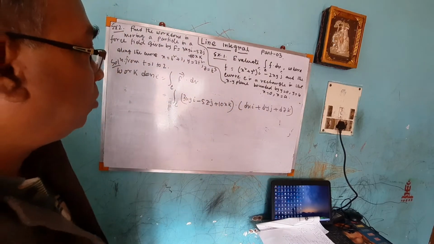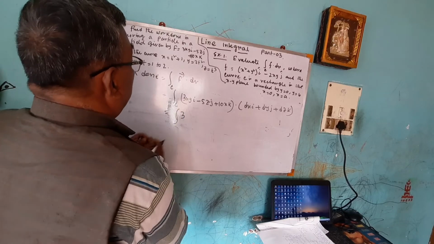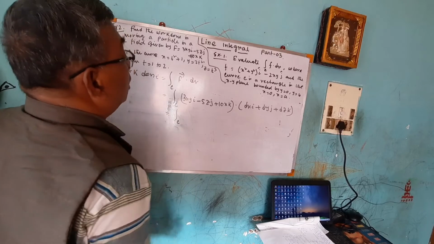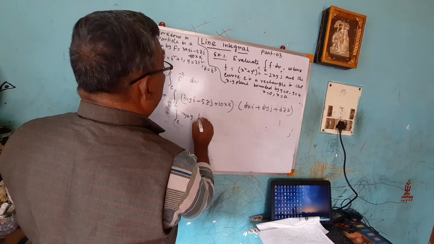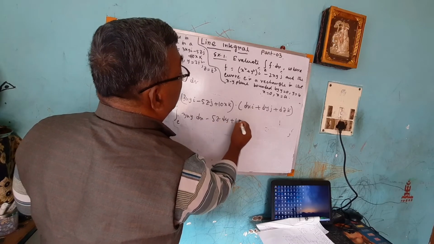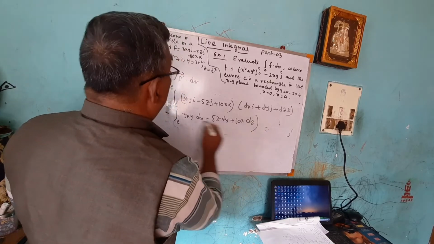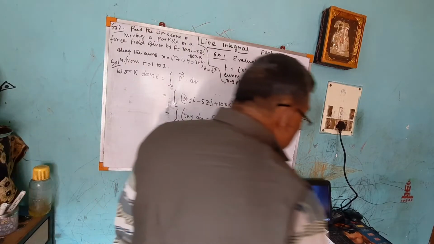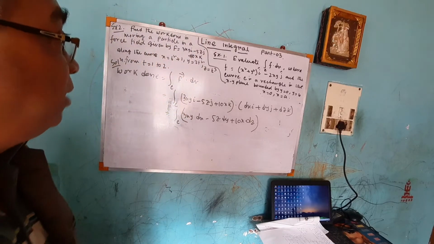Now if we take the dot product, this becomes the integration on C of 3xy dx minus 5z dy plus 10x dz. This is F dot dr.